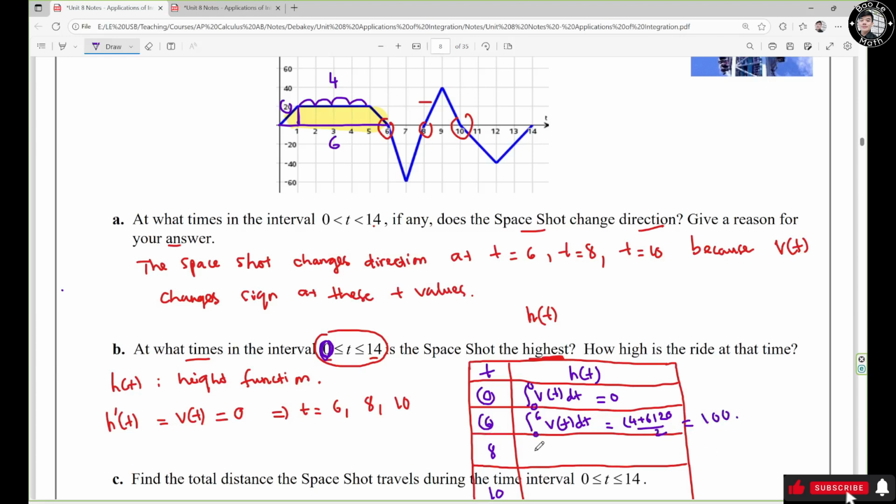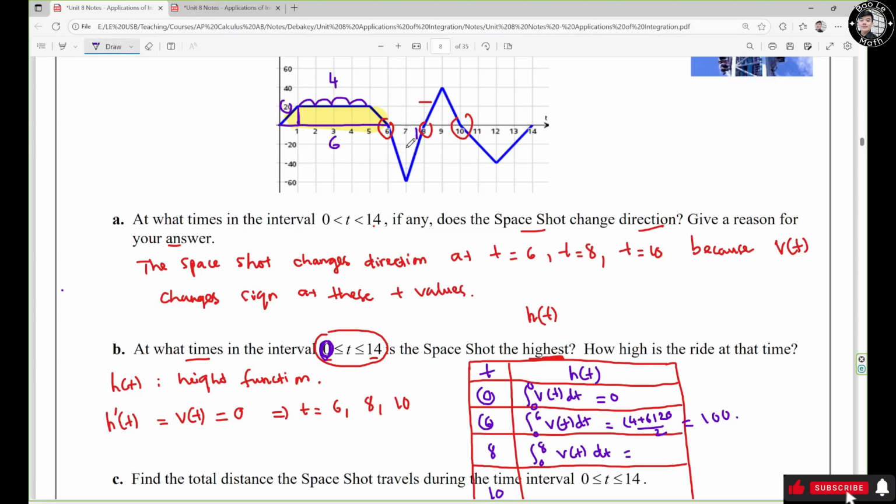Now, next one, we have the integral from 0 to 8 of v of t dt, right? Now, 0 to 8, which means we need to subtract this guy because this one is below the axis, right? So we need to subtract the area of this triangle.